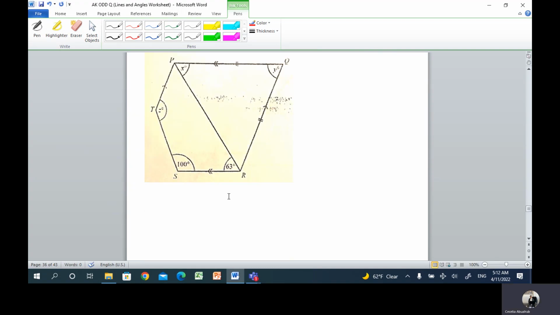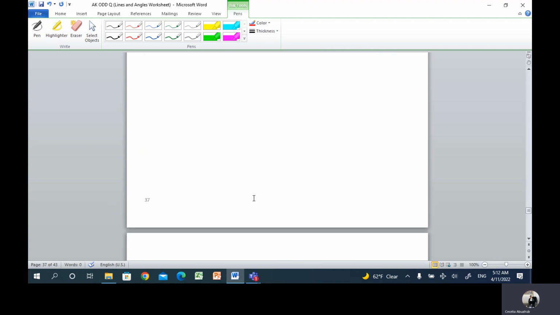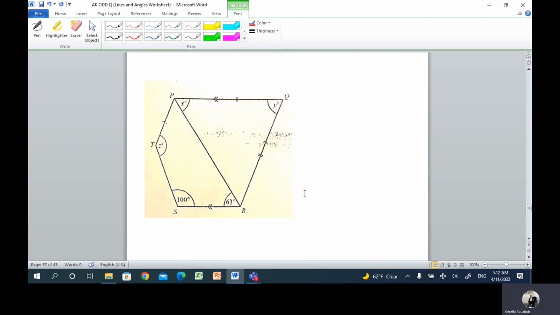Okay, we're going to skip 36 and move to 37 here. So if you look at this question, I'm going to start with, as you can see, this is a parallel line and this is a parallel line. So if you go on the parallel line and you move on the line that is crossing both parallel lines and you move on the second parallel line, can you see this angle here is the same as this angle?